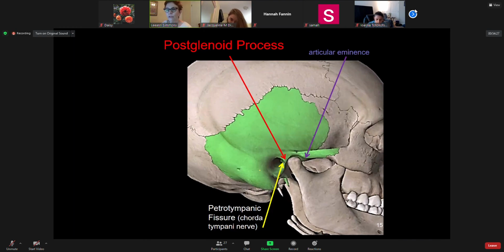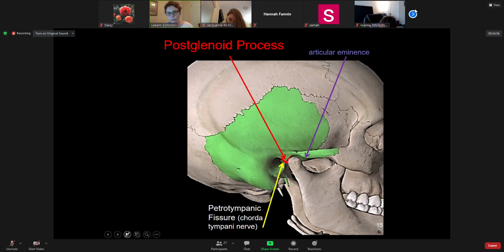The postglenoid process, like it says, post meaning posterior to the glenoid fossa, is that posterior rim of the mandibular fossa. And here is your postglenoid process right here. So your petrotympanic fissure is just inferior to that process.